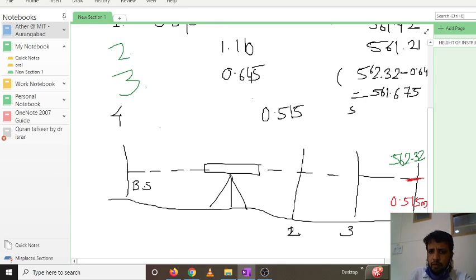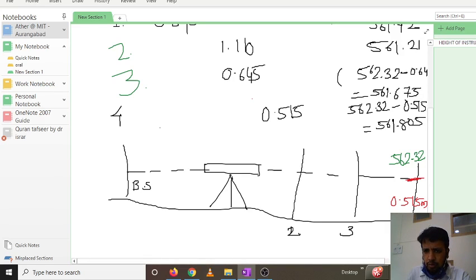So 562.32 minus this particular height you are supposed to deduct. This is 0.515. So what you get is 561.805. This is the RL of point 4. So here this is your fourth point, like this.